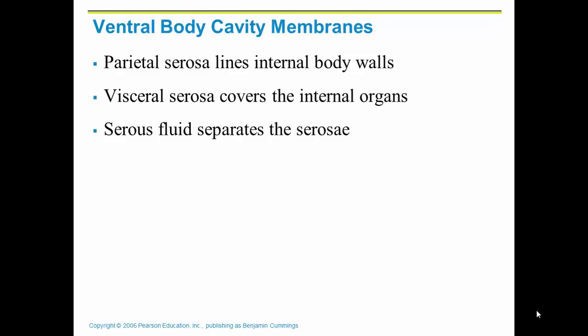So for instance, with your heart, you've got your parietal membrane that is going to be lining the pericardial cavity where your heart lies. Then around your heart itself is another membrane that is going to cover the actual organ. In between those two membranes, you have something called serous fluid. So these are called serous membranes. That serous fluid is allowing for your organs to move and work in a frictionless environment.